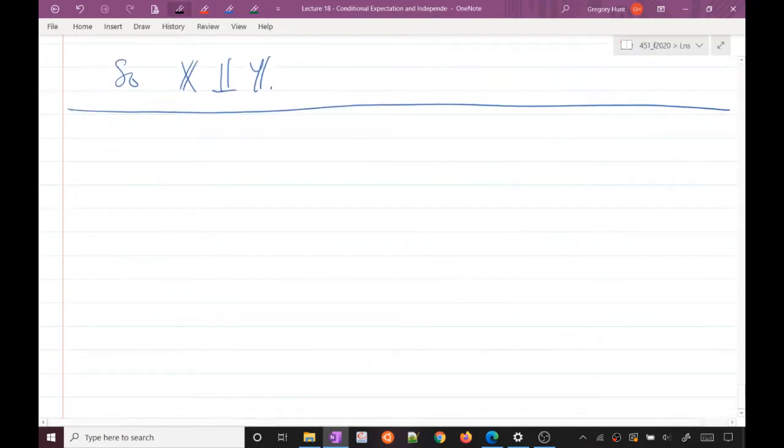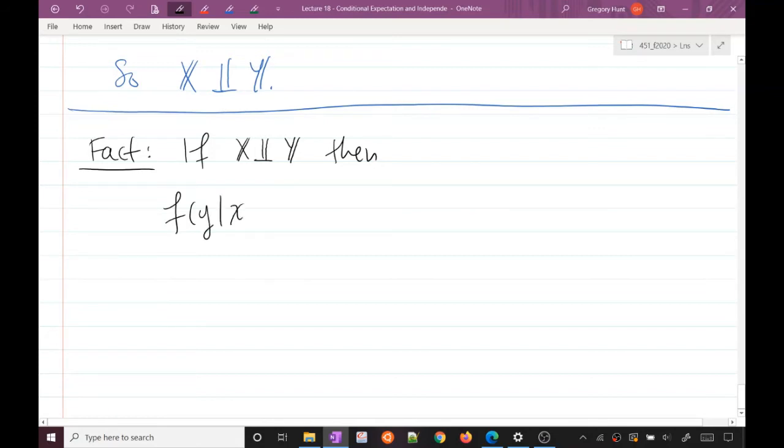So let's talk about some consequences of independence of random variables. It's a really powerful concept. So here's a fact. Let us assume that we have two independent random variables, so x is independent of y. Then let's look at the conditional PMF or PDF of y given x.